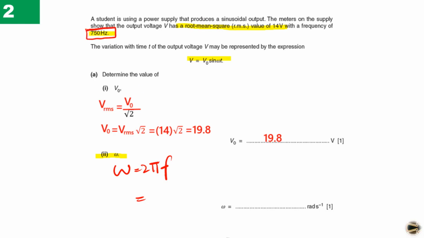Just plug in these values. So this is 2 pi multiplied by 750 hertz. If you multiply, our final answer is 4700 radians per second.